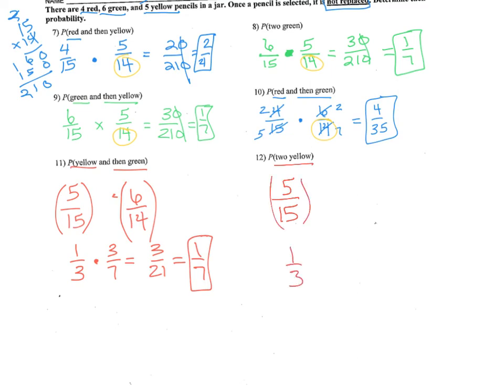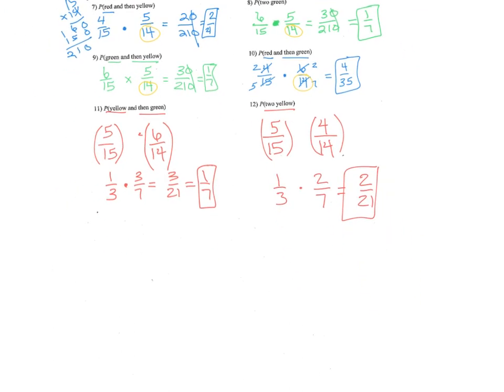Then the second time we pull out, we've got 1 less pencil because we pulled 1, so 14. And we've got 1 less yellow because we already took 1 out, so 4 over 14. 20 over 210. It could be 2 over 21. So 2 over 21 is what you should have gotten as your answer.